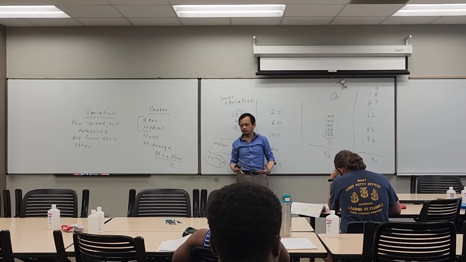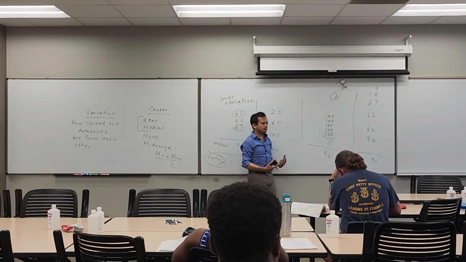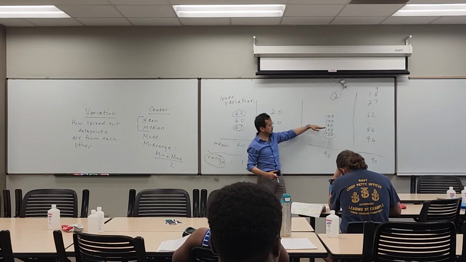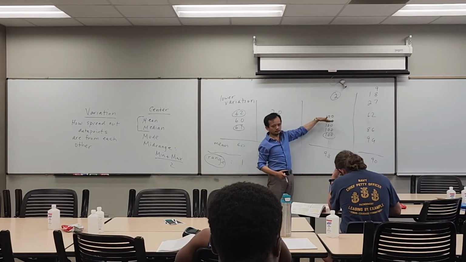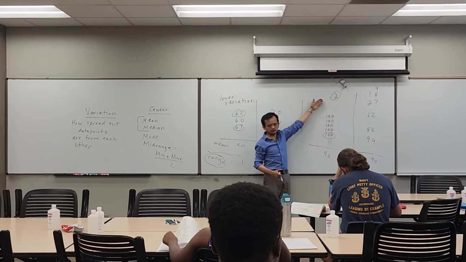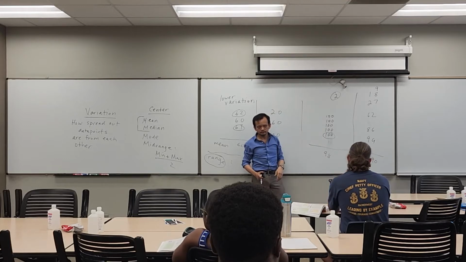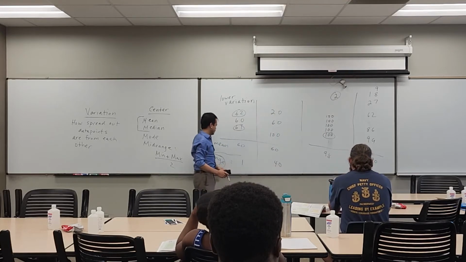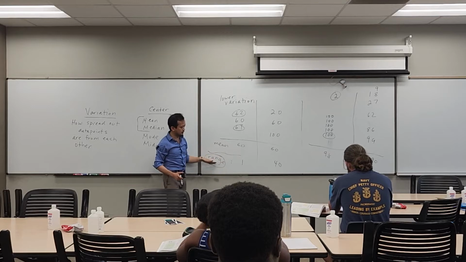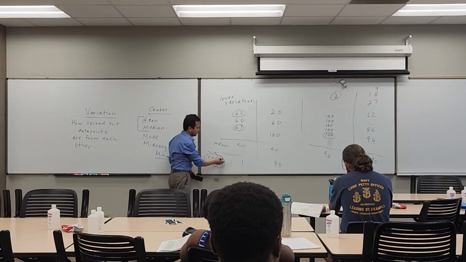So we want some measure of variation that is better than this, that is able to capture the behavior of the numbers in between as well, and not just the biggest and the smallest number. So yes, people do use the range to measure variation, but it's not a very good measure.